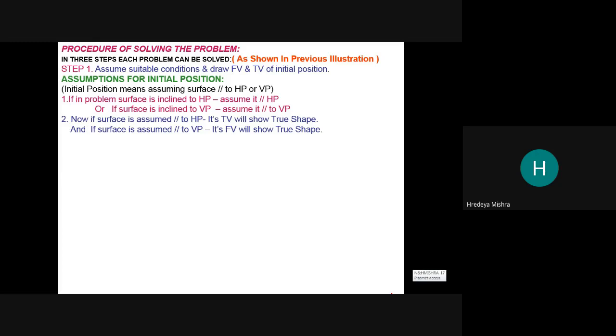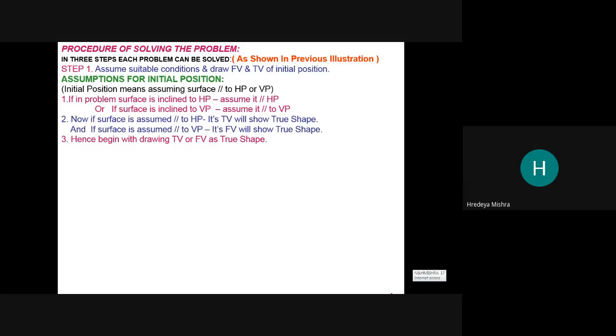Now the third point: hence begin with the drawing of top view and front view as a true shape. Our drawing starts with the true shape, but the initial step is the same.